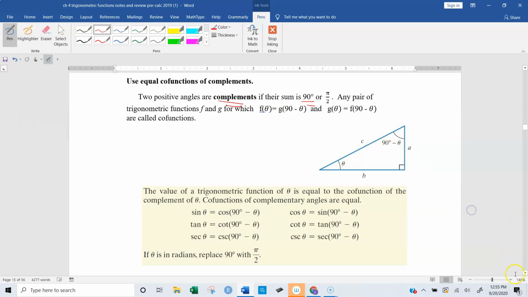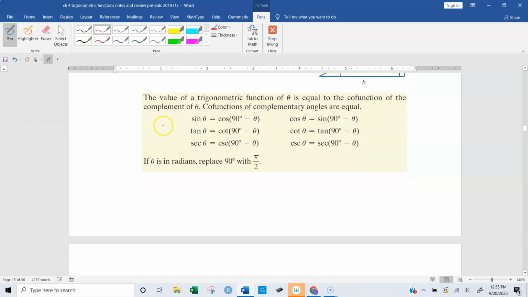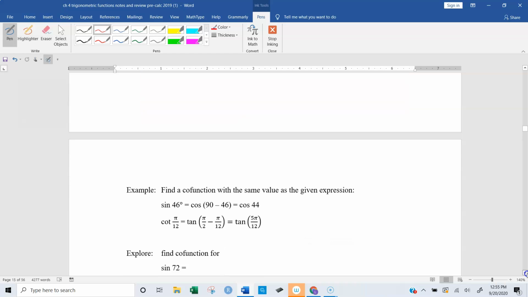So when you go down here, it is telling you that the sine is the same as the cosine with 90 minus the angle. Tangent is the same as cotangent when you take 90 minus the angle. And secant is the same as cosecant with 90 minus the angle. Same is true with cosine. It's the same as sine with 90 minus the angle. And we just continue this down. So we can get to the exact same place because they're complementary angles.